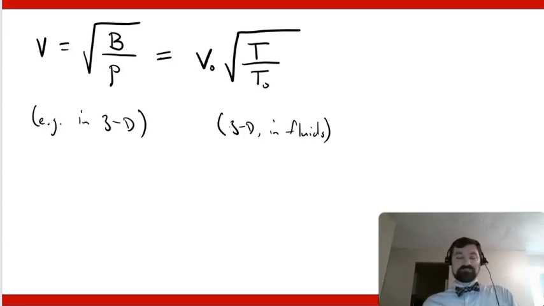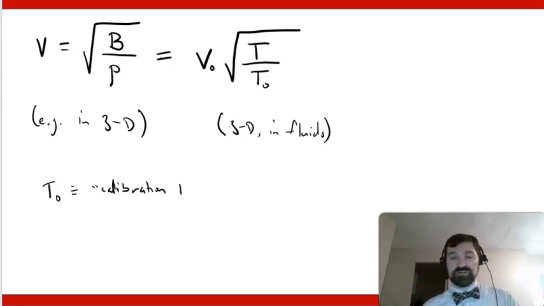All right. And depending on the fluid, you basically go look up the calibration temperature. So T naught represents calibration temperature. Usually it's 0 degrees C, or room temperature, 20 degrees C. But it could be any temperature.